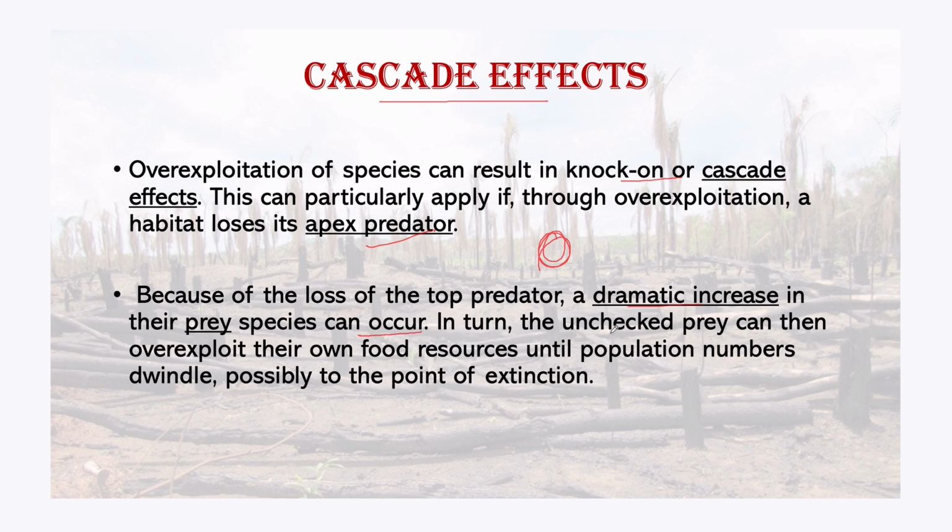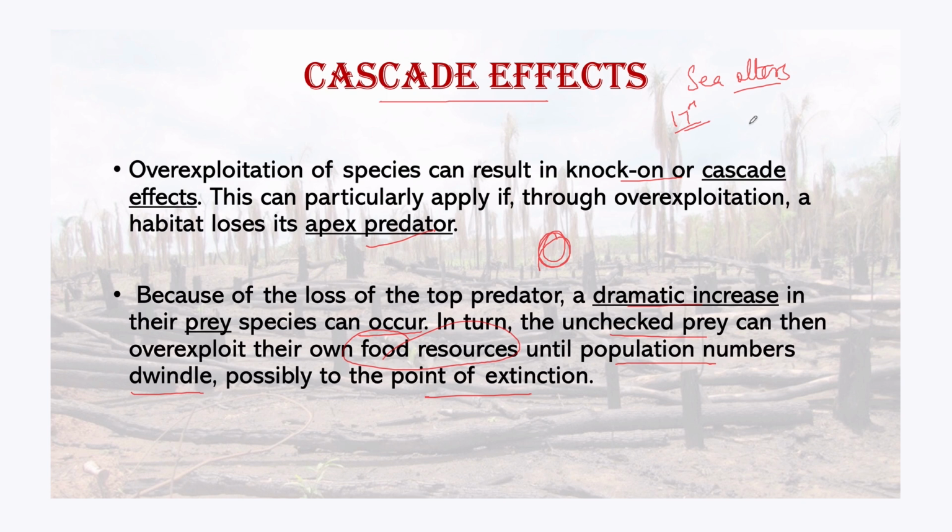In turn, unchecked prey can then overexploit their food resources until population numbers dwindle, possibly to the point of extinction. A classic example of cascade effects occurred with sea otters. Starting before the 17th century and not phased out until 1911, sea otters were hunted aggressively for their exceptionally warm and valuable pelts, which could fetch a lot of money.